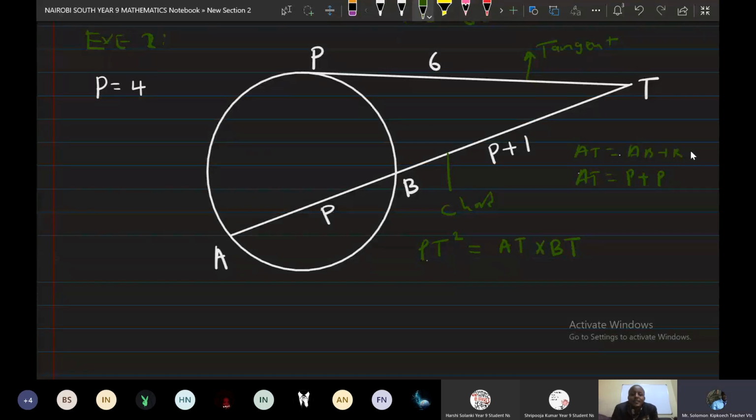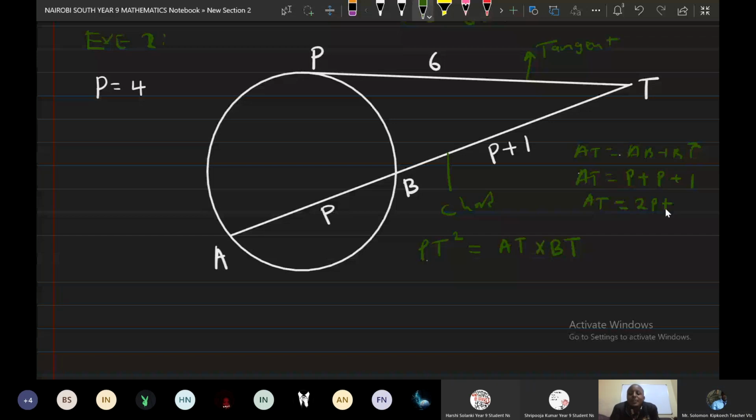I've said the whole chord equals AB plus BT. AB is P, BT is P plus 1. So the whole chord will be 2P plus 1.